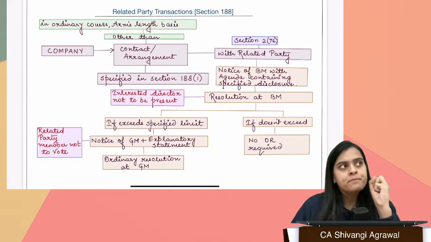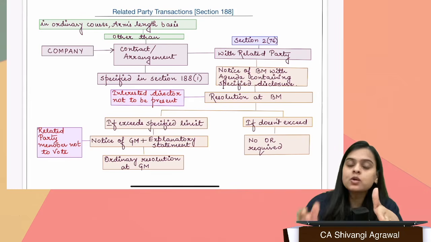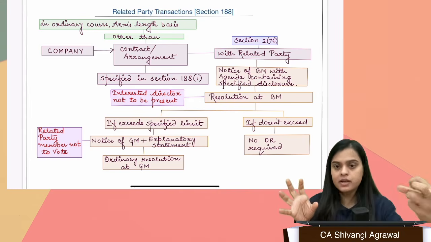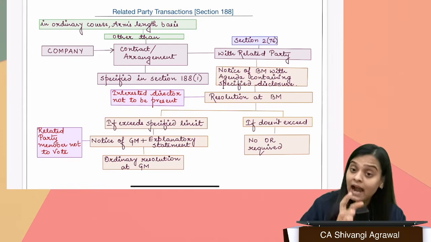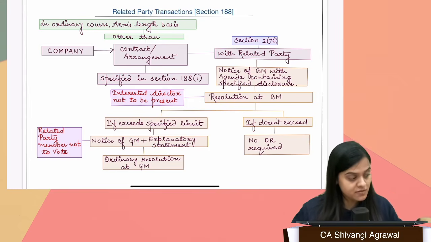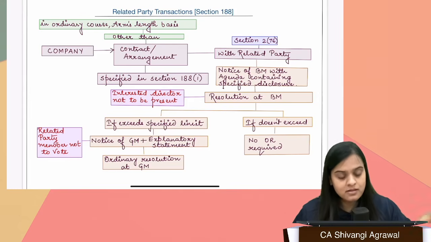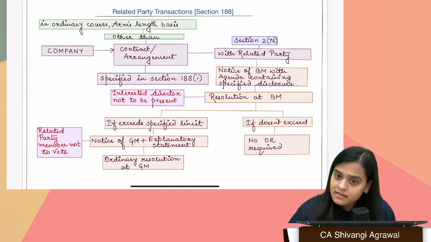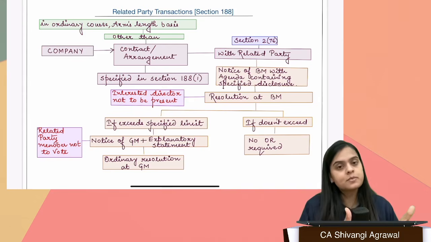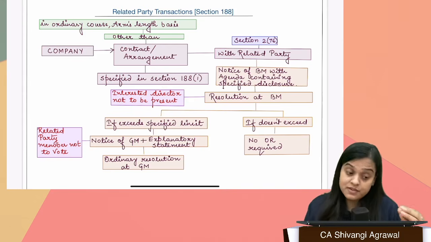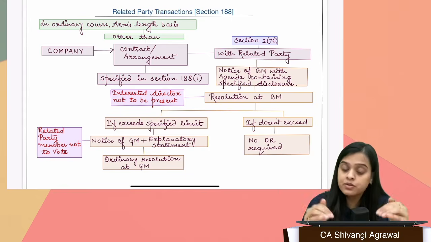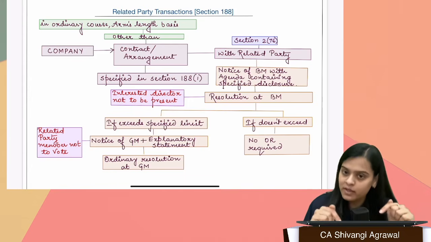So basically, if the company is entering into a related party transaction, and that is one of the transactions specified in section 188, then you will see if it exceeds the limit or not. If it is not exceeding the limit, you will call the board meeting, because the resolution has to be passed at board meeting only.